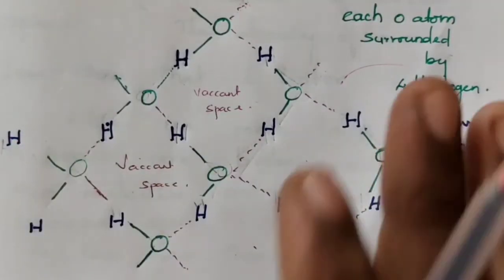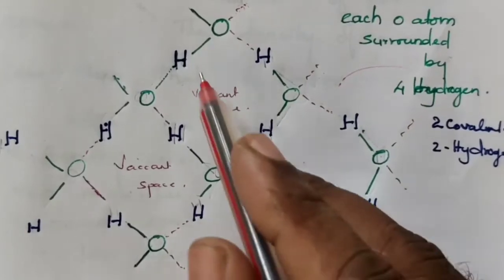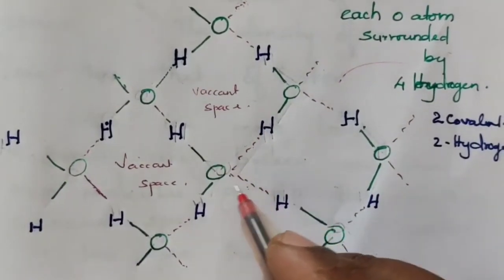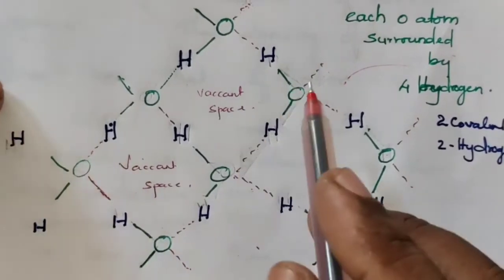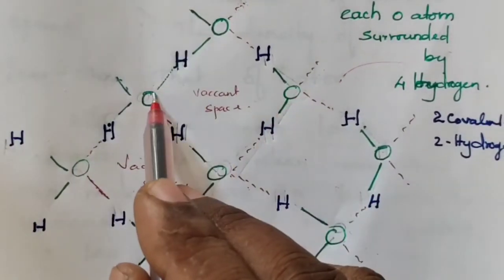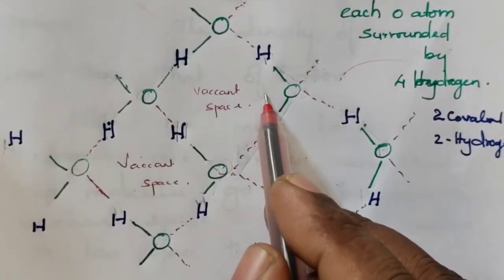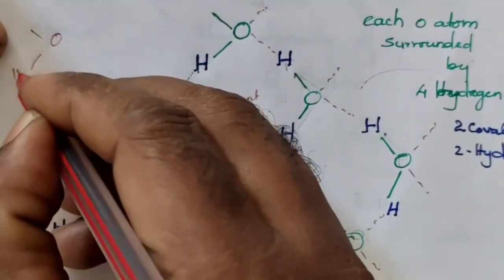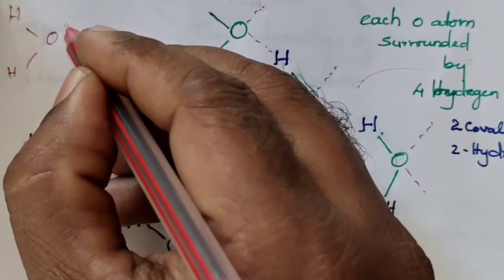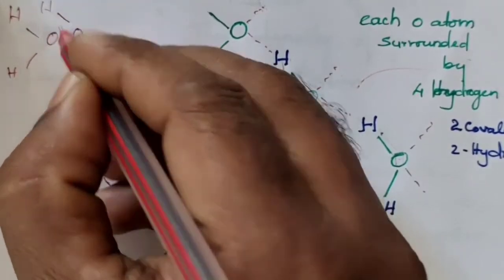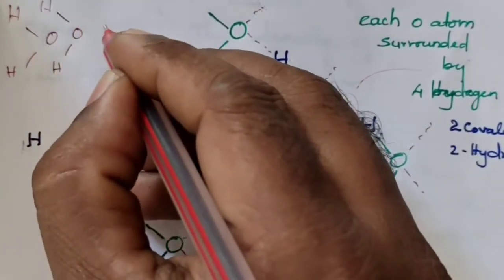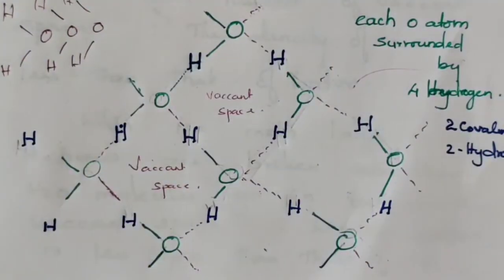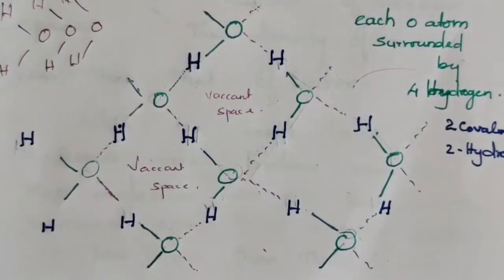When ice melts, the hydrogen bonds get broken, and the water molecules enter into the spaces among the other water molecules. One water molecule connects with another, and like this, one by one the water molecules unite together.